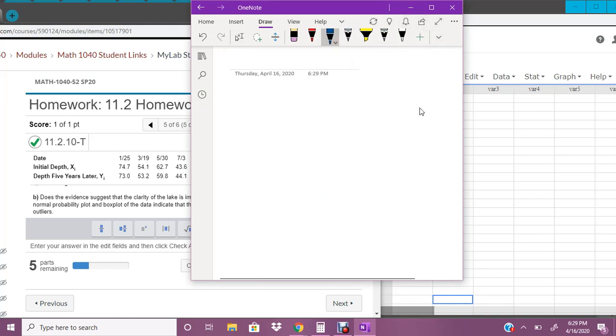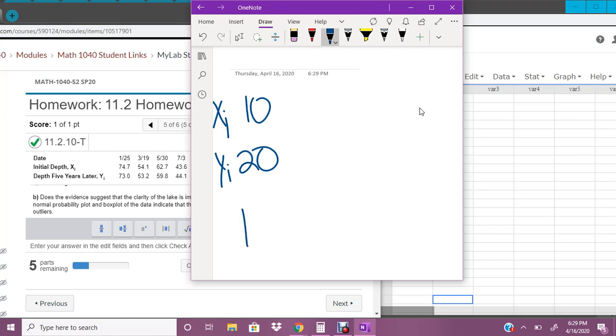So if we're talking about depth, let's say the first year, I'll just make up some numbers. The first year we could see 10 feet deep, and the second year we could see 20 feet deep. If we can see 20 feet deep versus 10, that means it's clearer, right?